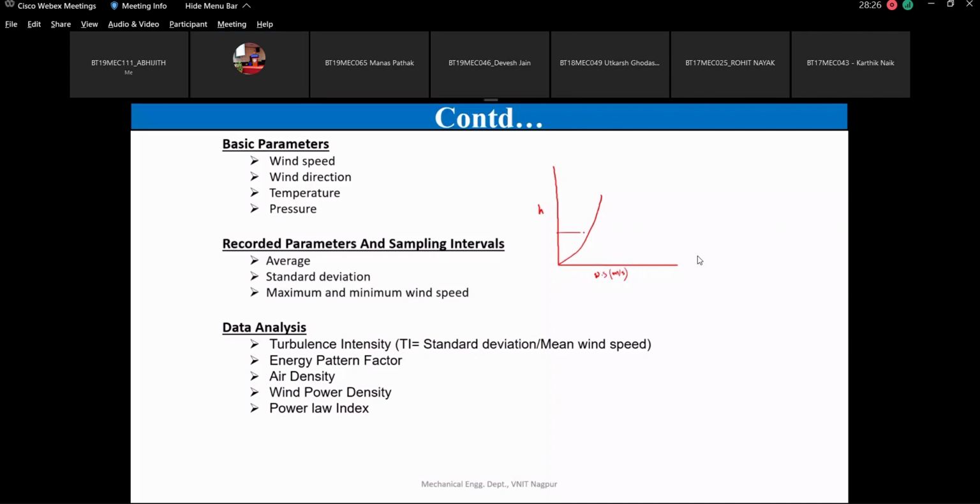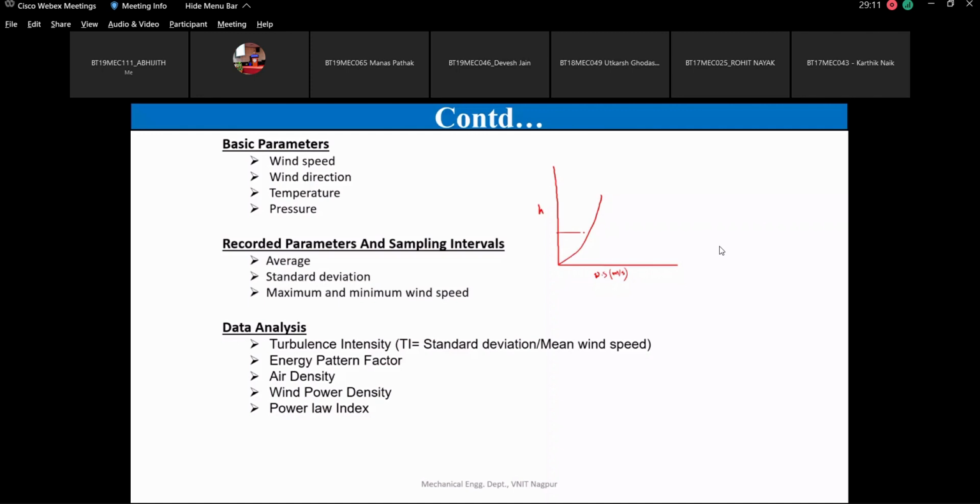So suppose it is 5 meters per second, 10, 15, and for height suppose it is 10 meter height, then 30 meter height, and suppose 80 meter height. Then what is the variation according to height from the ground level? So this is known as the turbulent intensity.